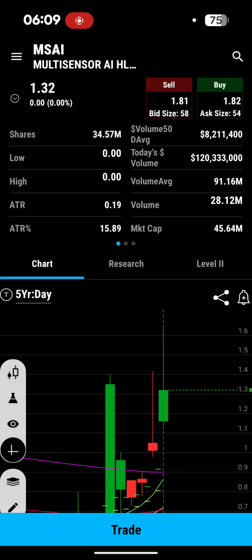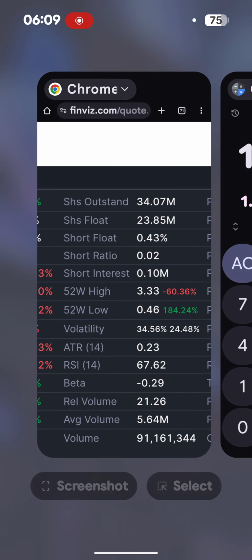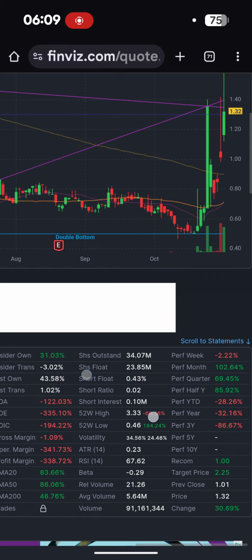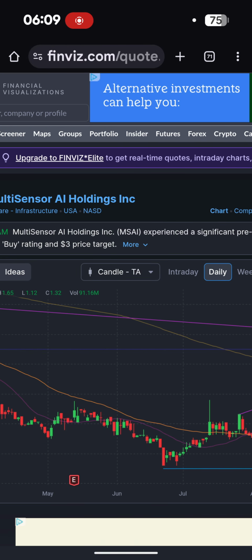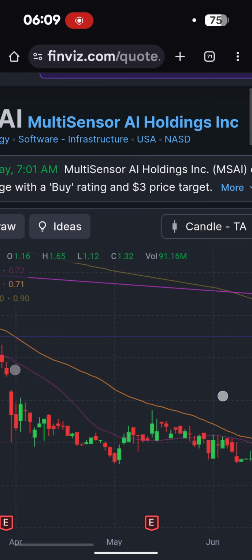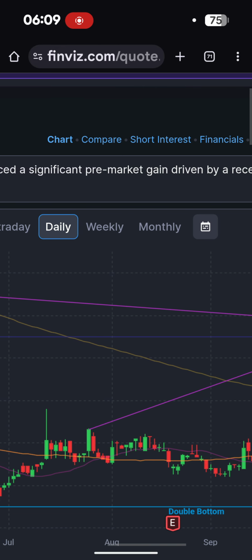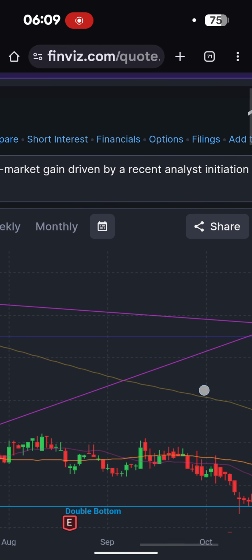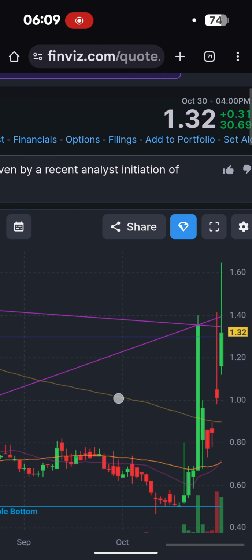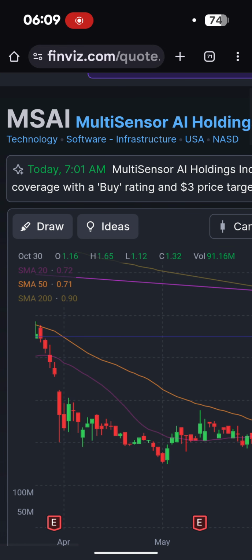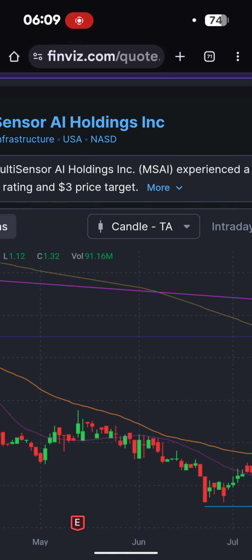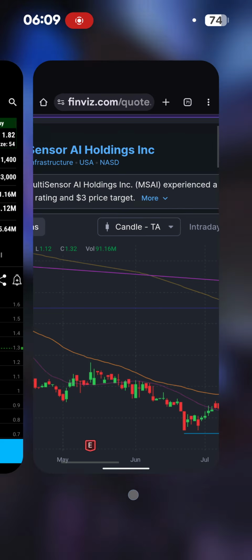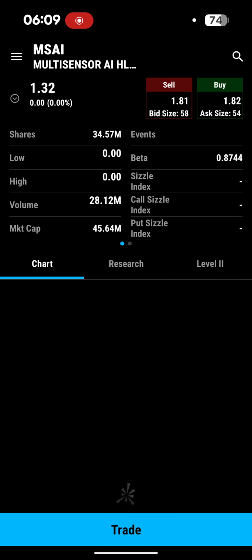There's not much going on with it in that regard, but there is something on finviz.com: it experienced a significant pre-market gain driven by a recent analyst initiation of coverage with a buy rating and a $3 price target. Not too exciting, but at least there's something.